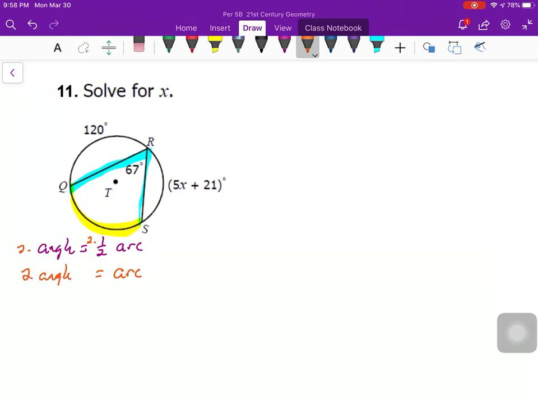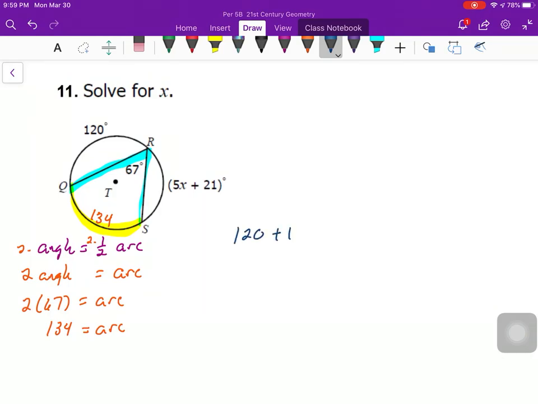So if I were to multiply by 2, the arc is equal to 2 times the angle. So 2 times 67 equals that arc. So that arc would be equal to 134.